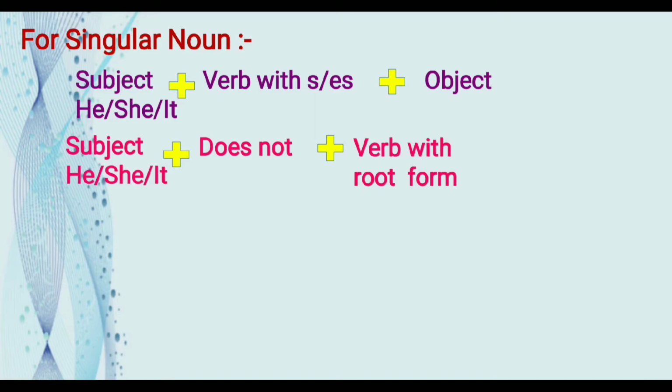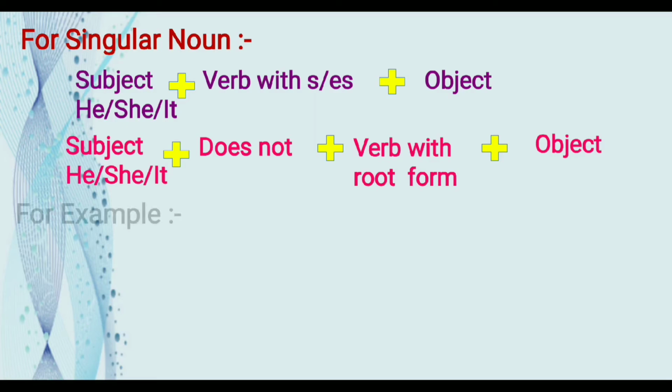In a positive sentence of simple present tense, we add s or es to the verb, and in negative sentences, we remove s or es and write the main form of the verb with does not. Understand? So subject, does not, verb in root form, and then object. This is the formation of negative sentences for a singular noun in the simple present tense.